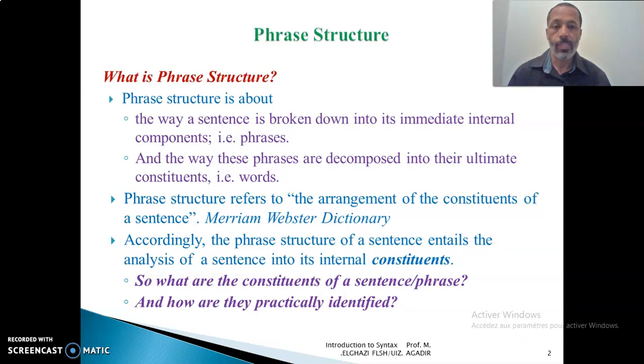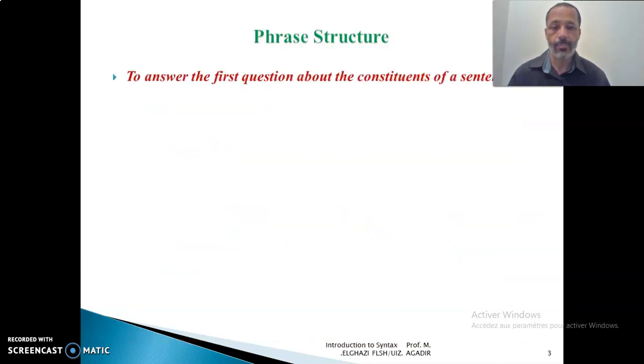Now, we have two questions at this level. What are the constituents of a sentence? This is the first question, or a phrase. The second question is, how are they practically identified? How can we practically identify the constituents of a sentence?